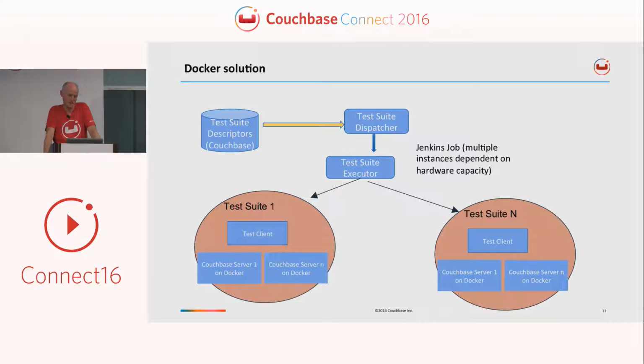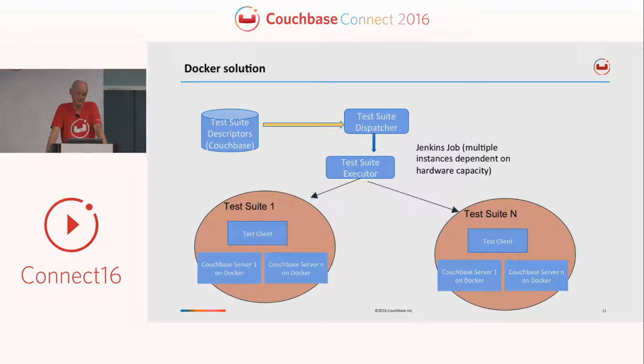And the circle with the test suites, that's really Sequoia, which is what Tommie will be talking about, which pulls together a test client and the desired number of Couchbase servers to run the test with. And there's a function within the test suite dispatcher that's aware of the amount of hardware resources, and it will launch new test suites as it sees that resources are available.